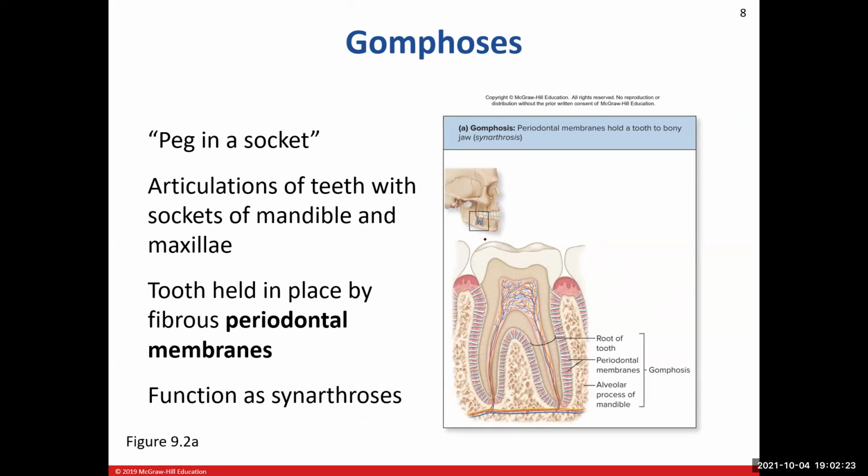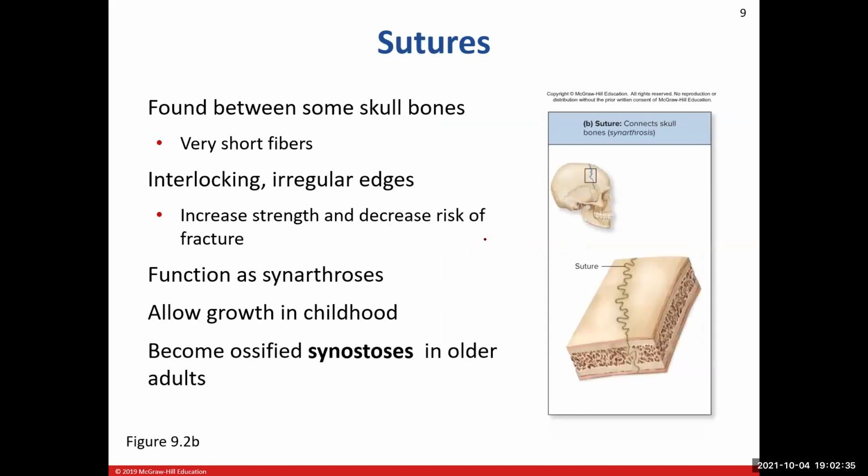Like I said, very little movement, if any. Technically, they shouldn't move. But for those people that have braces, obviously they do move. So that's a gomphosis. Sutures are the second type of fibrous joint. Those joints are held together by that dense connective tissue.